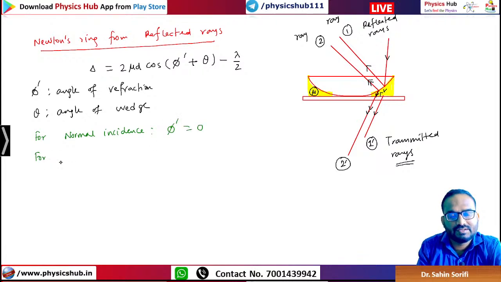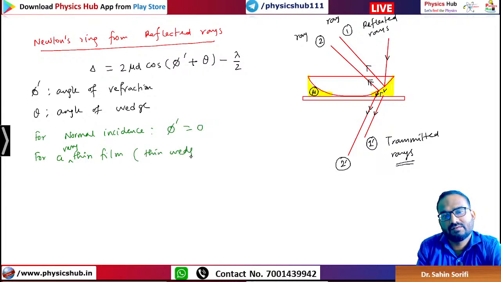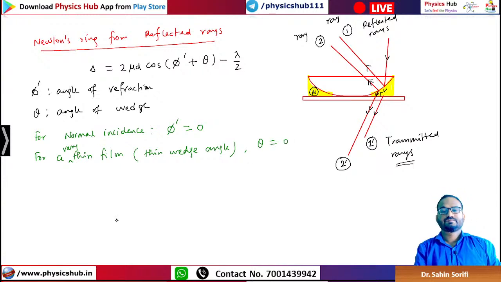And for a very thin wedge film, the wedge angle theta you can take as approximately 0.